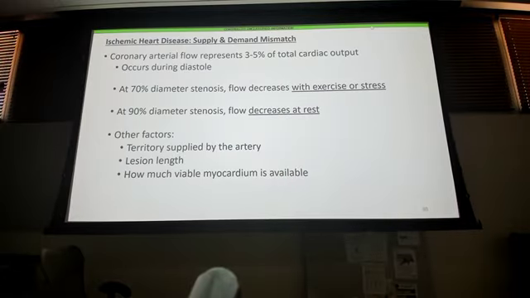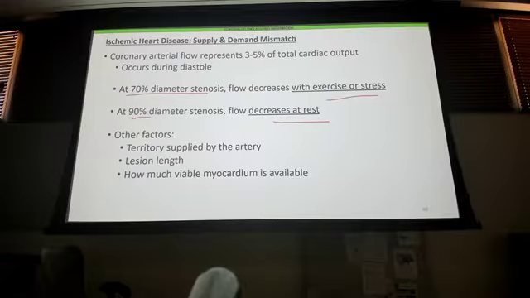When looking at coronary arteries, it takes a significant amount of stenosis to start bringing on symptoms. Usually we expect at least 70% stenosis before symptoms with exertion come on, and it's not until about 90% or greater stenosis that you start to get symptoms at rest.